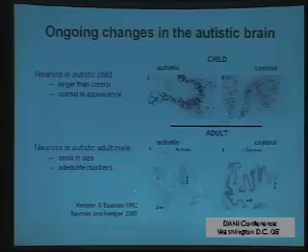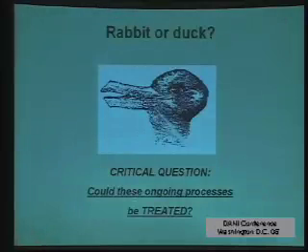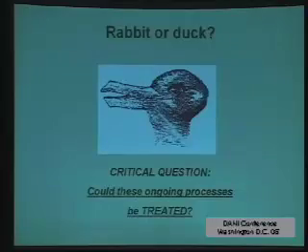It suggests there is ongoing biological change, and it's not just a wiring thing, a switch that gets flipped in utero. So all in all, it's not just prenatal, but there's plenty of evidence for an ongoing process. Now, critical question, and I've already said this, but I'm going to emphasize it: could these ongoing processes be treated? And that's where I want the field to go, beyond this room.